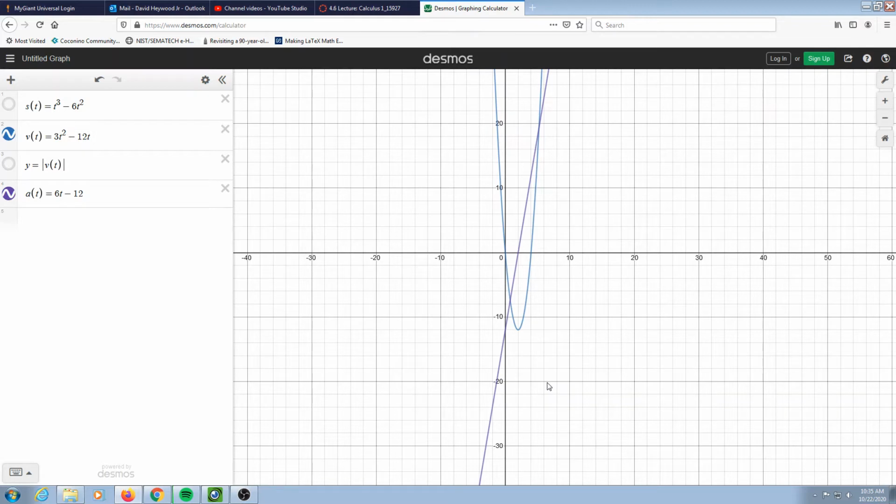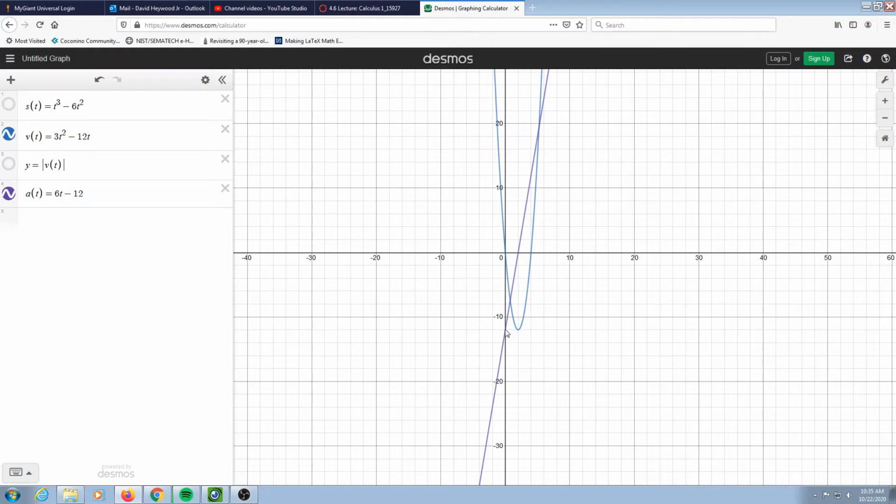So again, it's going to be speeding up whenever the velocity and acceleration have the same sign. So here, from I guess negative infinity to zero, you have a positive velocity but a negative acceleration. That means that you're going to be slowing down. Okay, so maybe we should write this down.